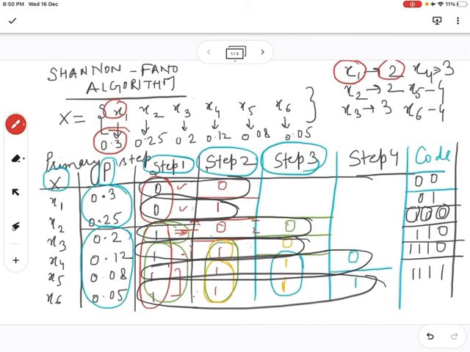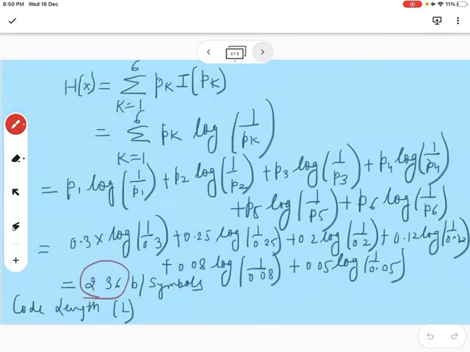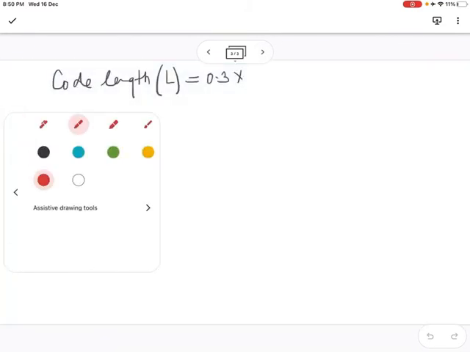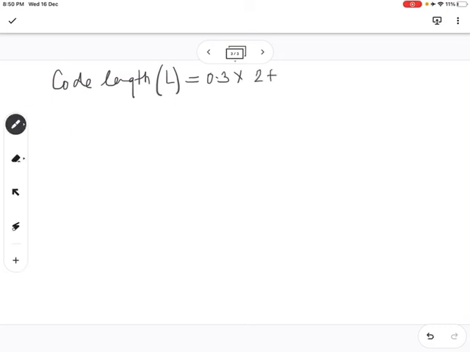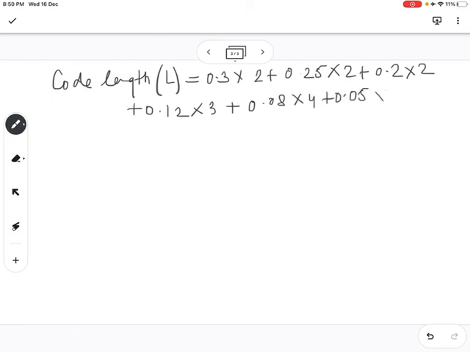For x2 code length is 2, for x3 it is 3, for x4 it is 3, x5 4 and x6 4. So for 0.3 the code length was 2, plus for 0.25 the code length was 2 again, plus for 0.2 the third message code length was 2, plus for 0.12 code length was 3, plus for 0.08 code length was 4, plus for 0.05 code length was 4.